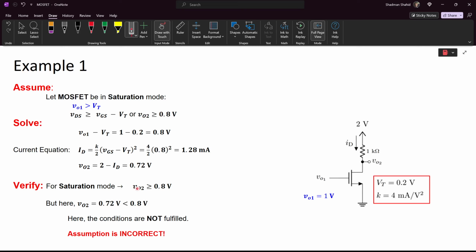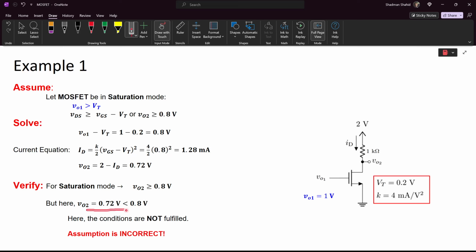Now let us verify whether the assumption that we made initially, that the MOSFET is in saturation mode, actually holds true or not. Now the drain to source voltage across the MOSFET is defined by the voltage VO2, and for saturation mode, this voltage must be greater than 0.8 volt. But from our solution, we find that the drain to source voltage is actually 0.72 volt.